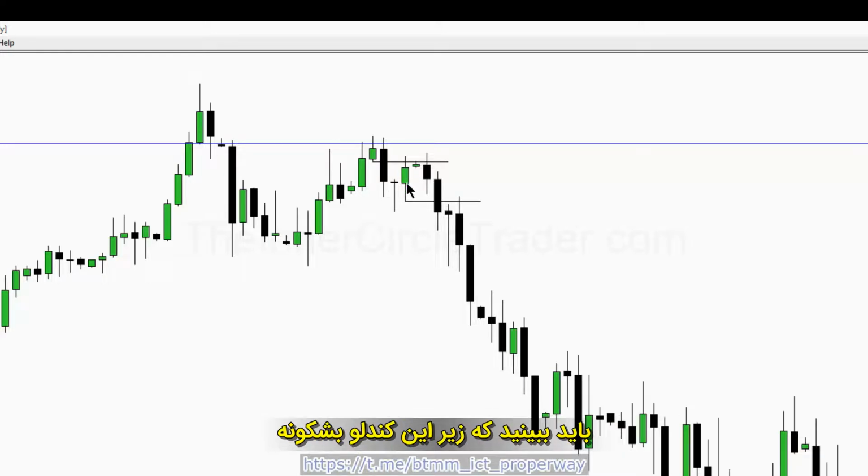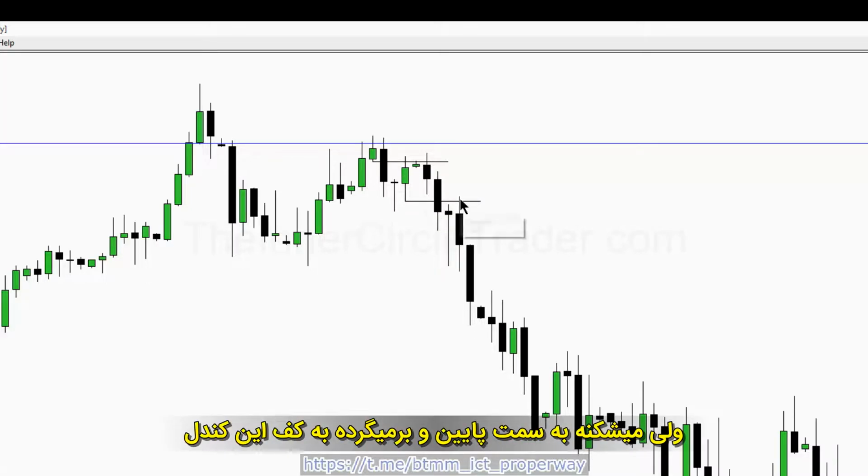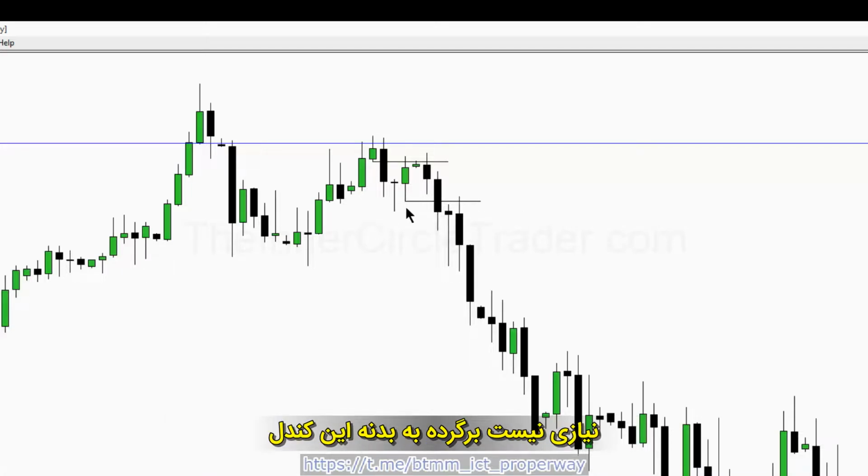You have to see it break below this candle's low, which it does here. It's already showing a willingness to not want to go above that mean threshold here. But it breaks down, then trades right back up into this candle's low. It doesn't need to go up to the body. It's the low of the candle on the propulsion candle. It's going to be very, very sensitive. Hits it, immediate, quick responsiveness, as you would expect.